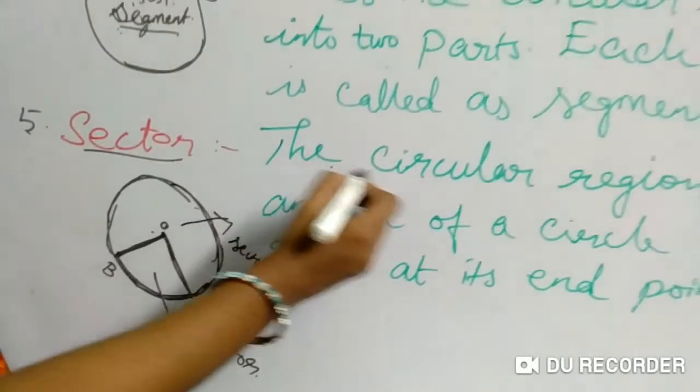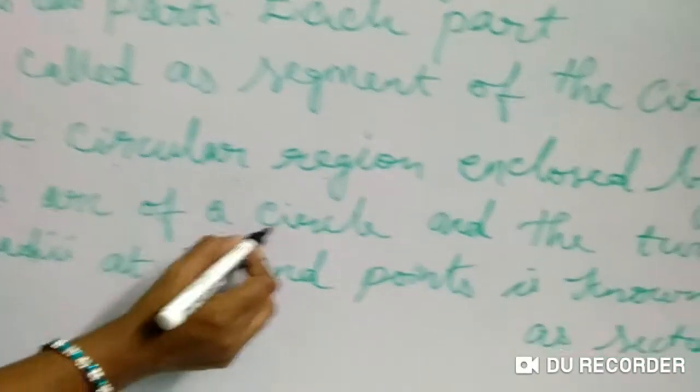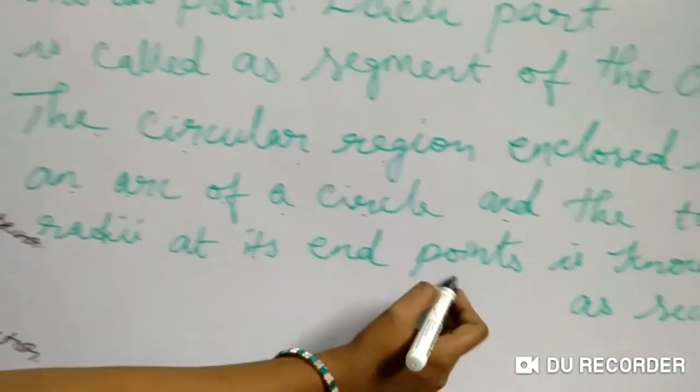See the definition. The circular region enclosed by an arc of a circle and the two radii at its endpoints is known as a sector. That is part of a circle.